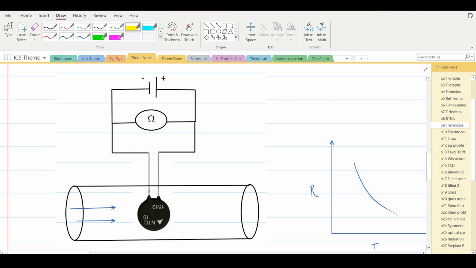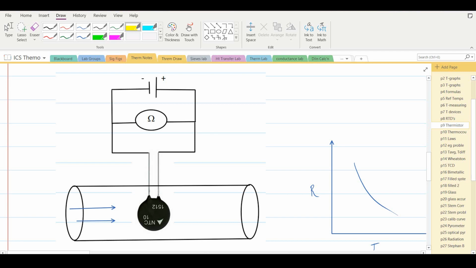At the same time, picture that a fluid is flowing through the pipe, and this fluid could be a liquid or a gas. If the fluid is colder, it will cool down the thermistor. As long as the fluid flow is constant and the current flow is constant, then this thermistor will reach a constant temperature, and hence the resistance on the meter measured here will be constant.